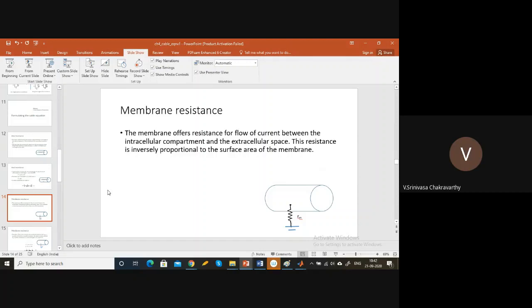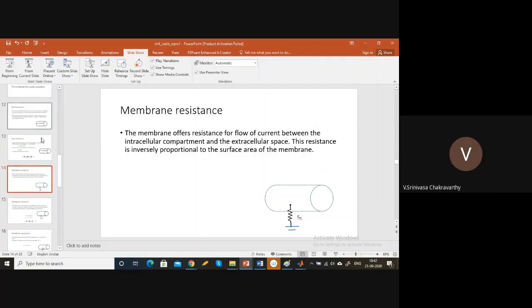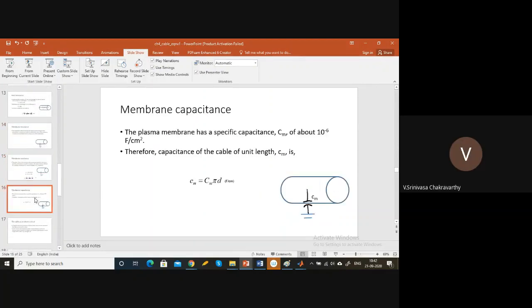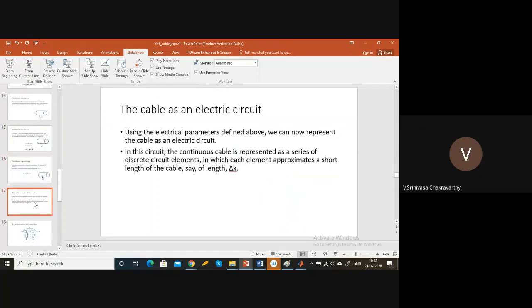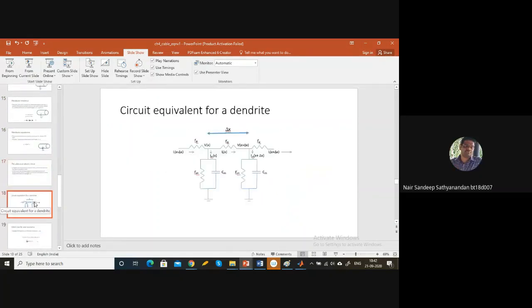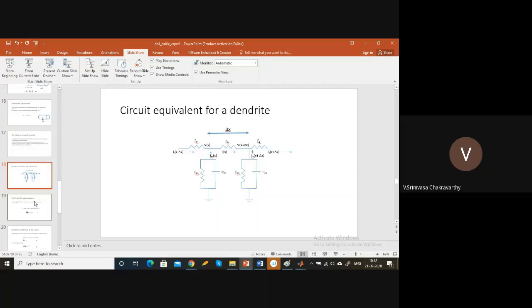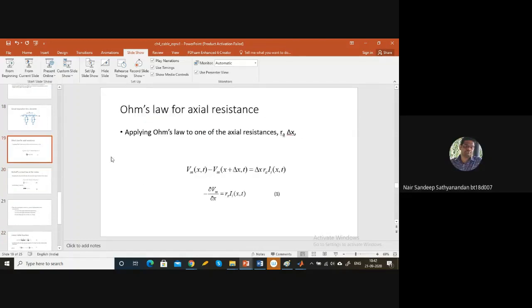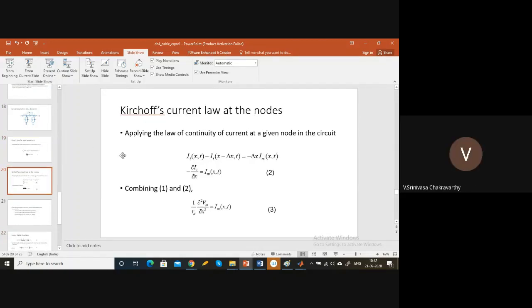In a cable, we assume that only the linear dimension, the length of the cable, is important. Others are assumed to be zero or negligible. All this technical subtlety arises only because we are defining everything in per unit length. So good that you asked that question.